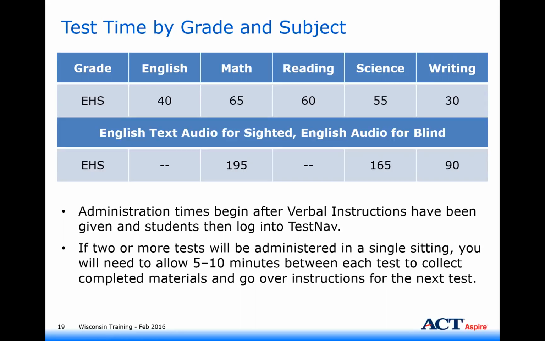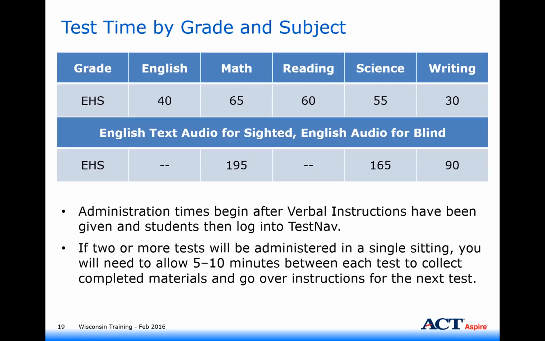And no matter how you're administering your test, whether it's computer or paper, if you're going to be administering 2 or more tests in a single sitting, you need to make sure that you're planning for some administration time in between each test, 5 to 10 minutes maybe, so that you can gather your materials.